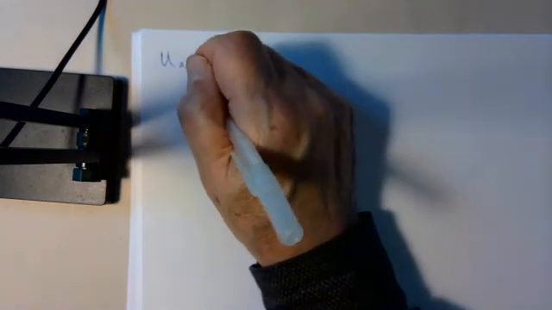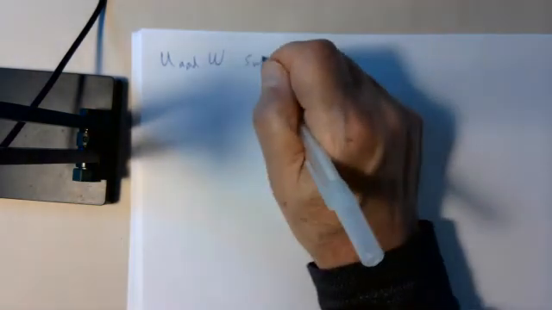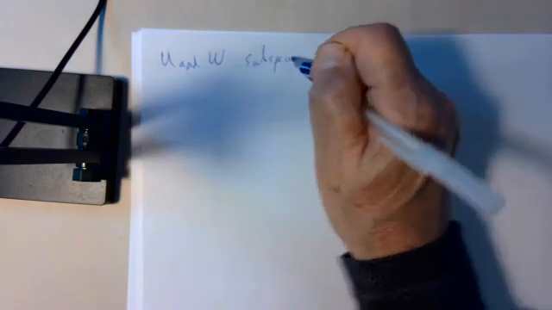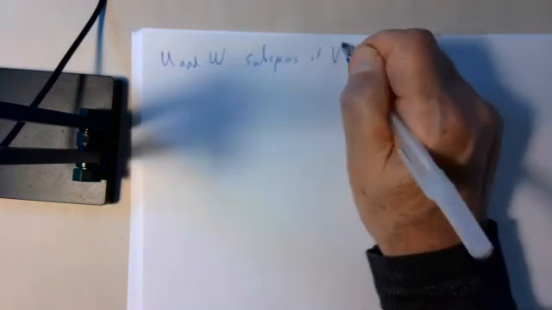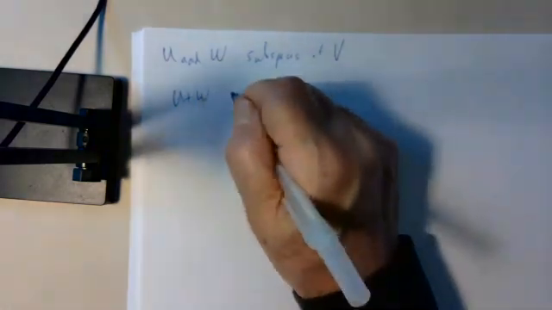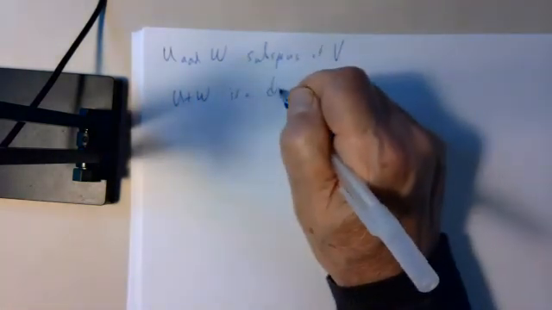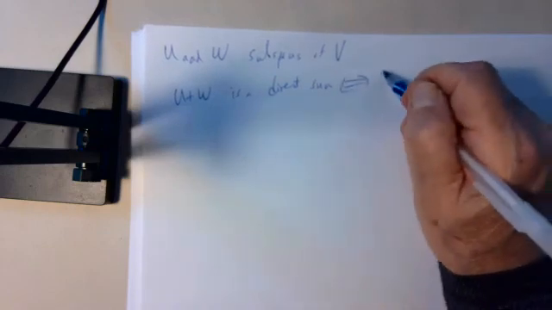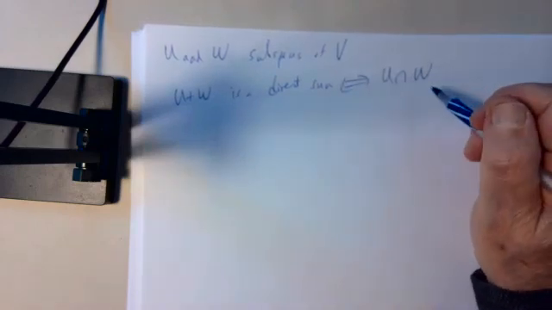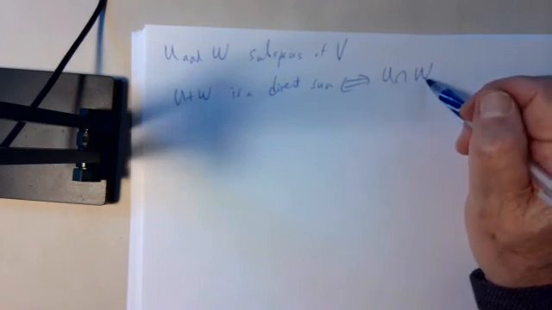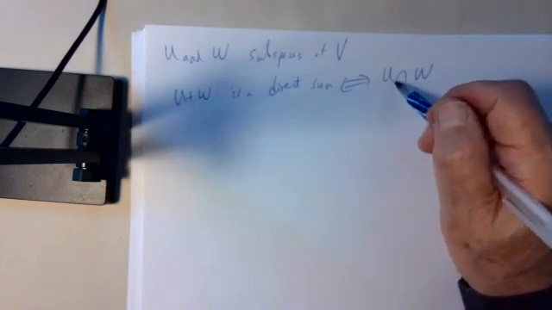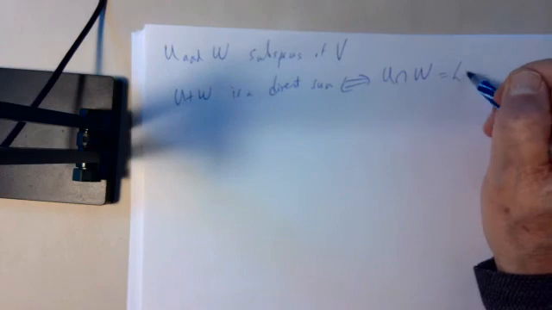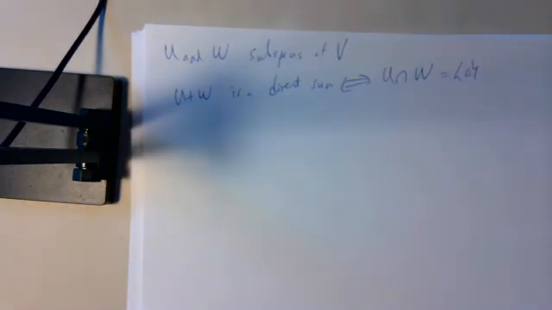If we have U and W subspaces of a vector space V, U plus W is a direct sum if and only if the intersection of these two subspaces, all the vectors that are in both, is 0.